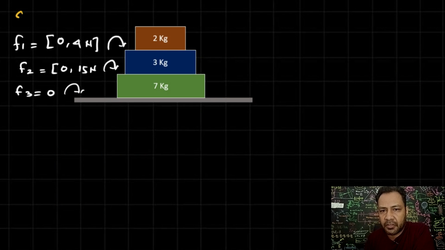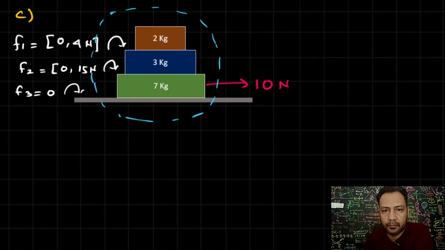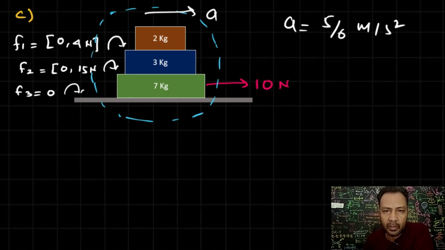Now the last case, in which the force is applied to the bottommost block, that is the 7 kg. The same way, assume that all are moving with a common acceleration, say A. So the common acceleration magnitude is 5 by 6 meter per second square. Now in this case I'll take a system of 2 kg and 3 kg, and we'll see first whether there is slipping between 3 kg and 7 kg or not.